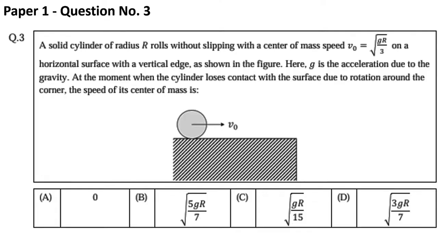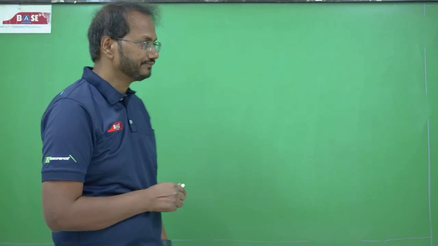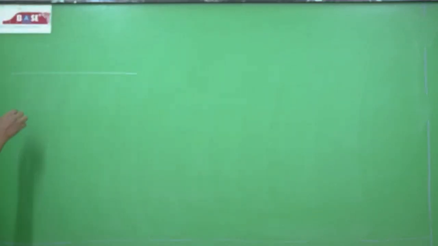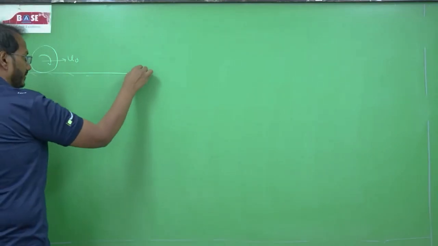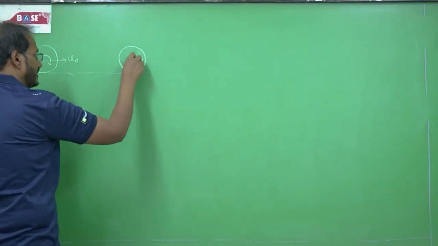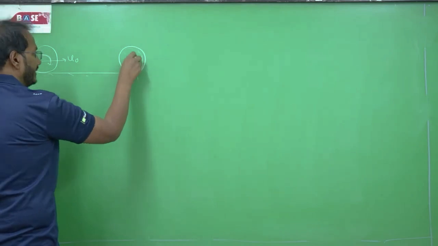Now I explain the solution. Just see. It is a surface and this cylinder is rolling with velocity v0. When it reaches the end, its center is here.